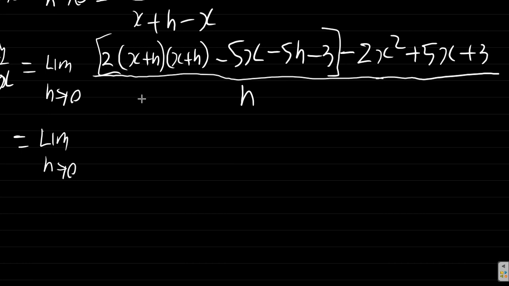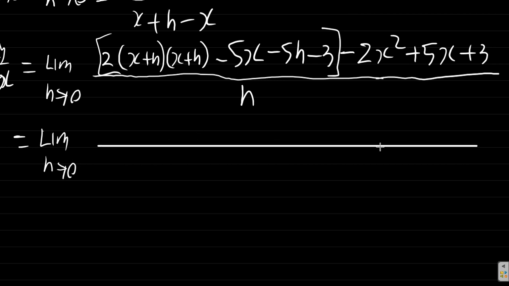So multiply out these. So we have our straight line up here, and then 2 times x squared plus hx plus hx plus h squared.